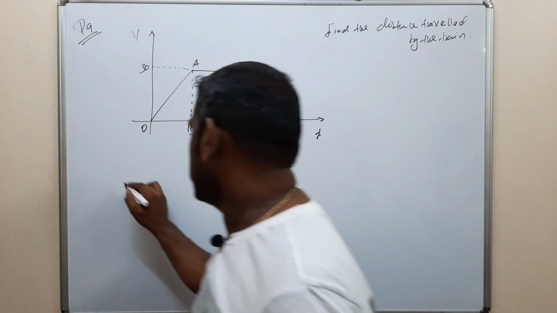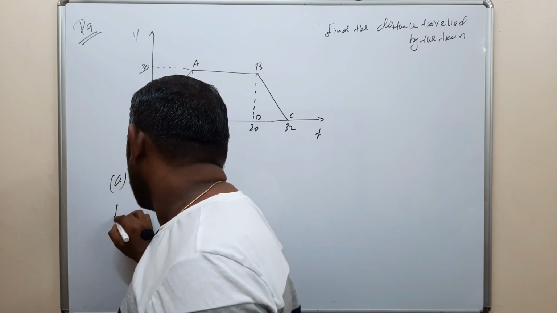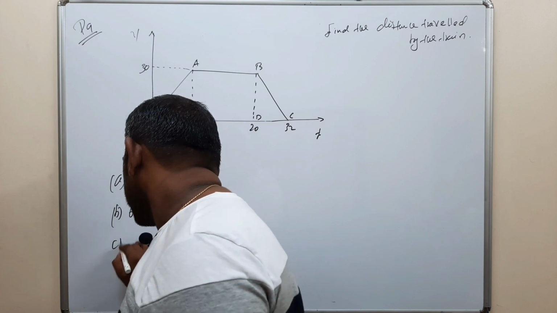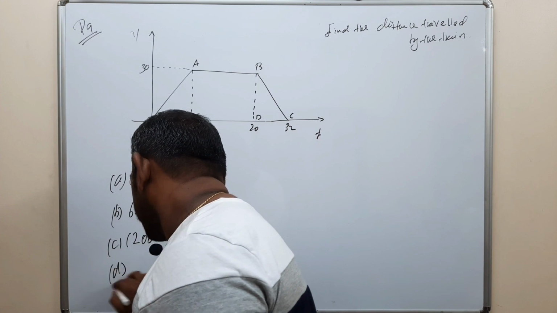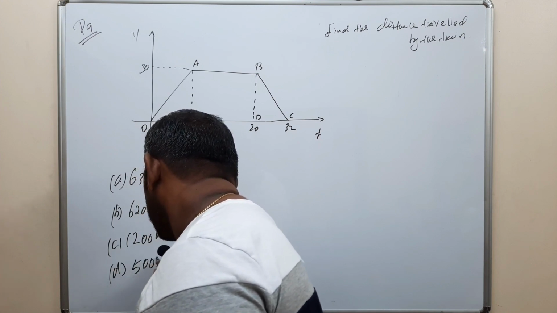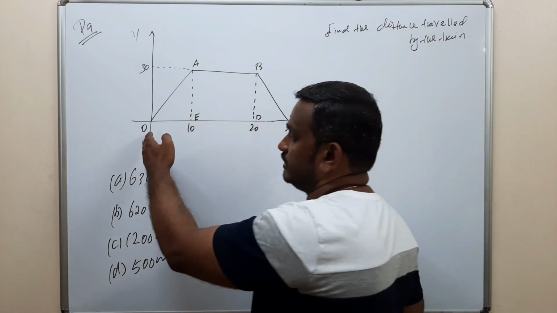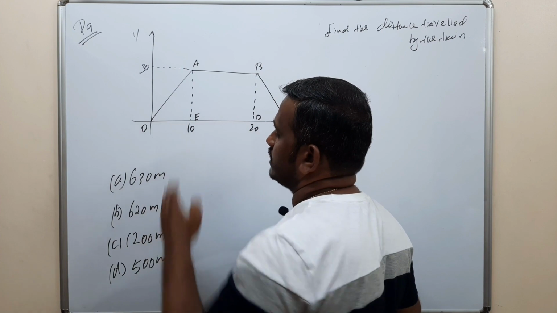Option A 630 meter. Option B 620 meter. Option C 1200 meter. Option D 500 meter. A train starts from rest and is accelerated with a constant acceleration.